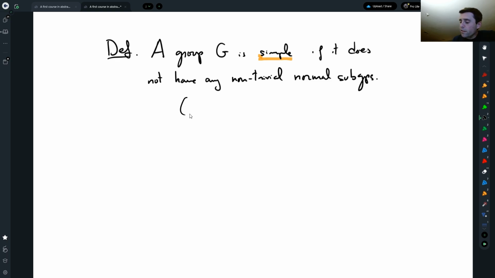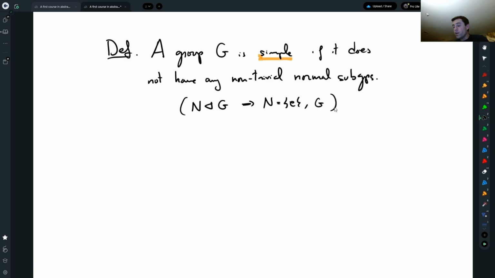There are no other ones. If you have a normal subgroup N of G, then N has to be one of the trivial ones: N is E or N is all of G.